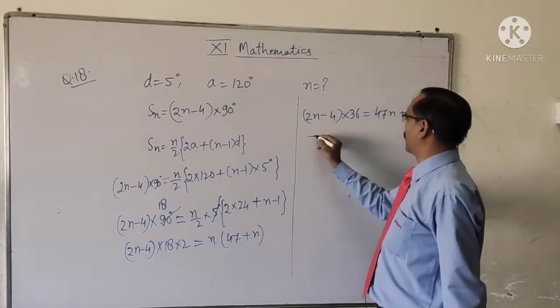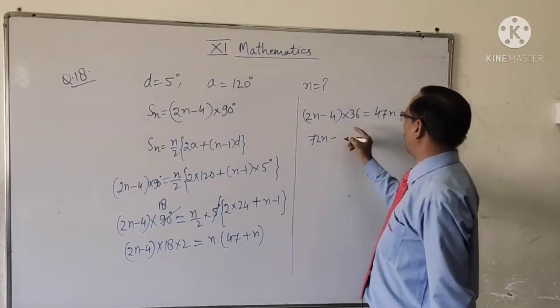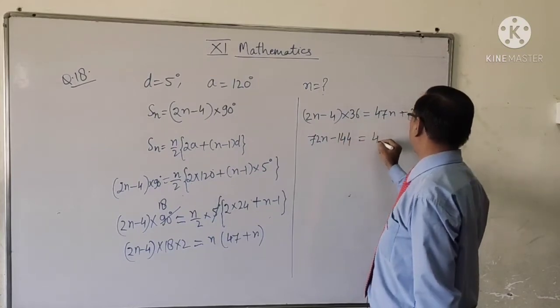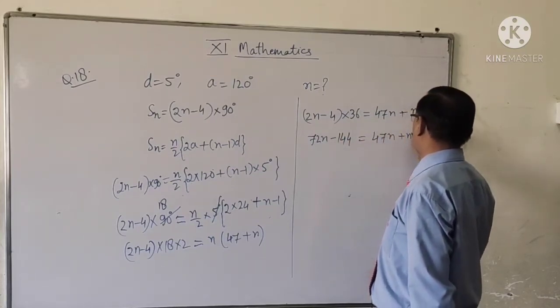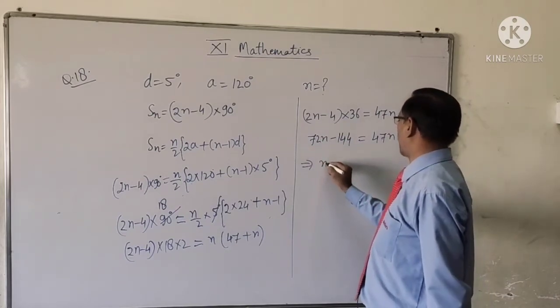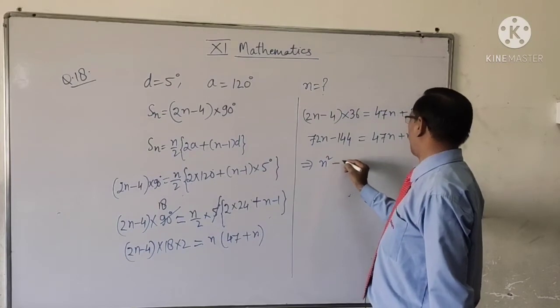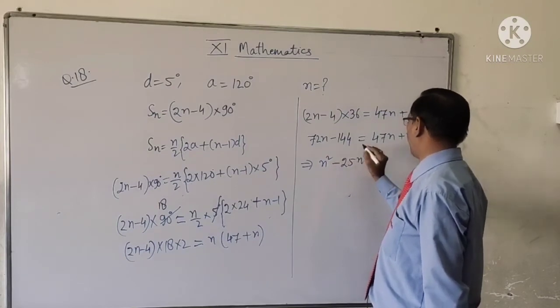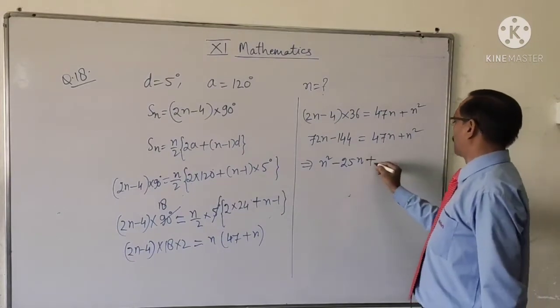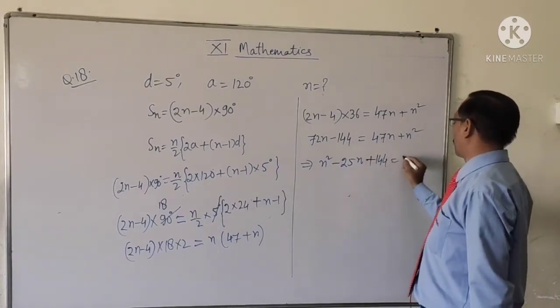Or it is 72n minus 144 equal to 47n plus n square. Shift all the terms to one side, so it is n square minus 25n, since 72 minus 47 is 25, plus 144 equal to 0.